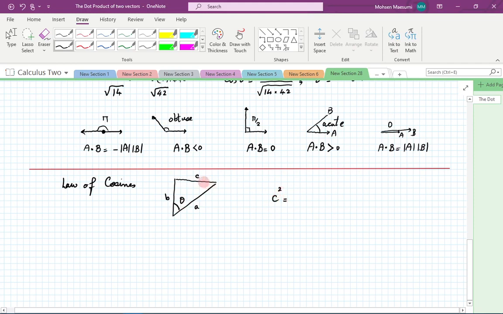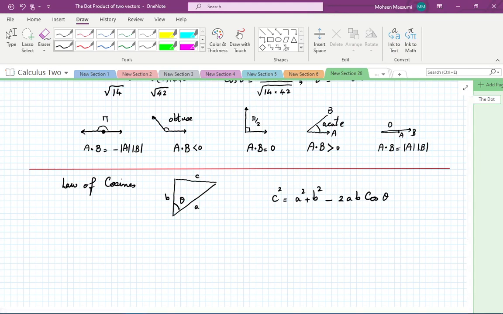Pythagorean says the third side squared is equal to A squared plus B squared. That is good if this angle is 90 degrees, but when the angle is not 90 degrees, there is a correction here, which is minus 2AB cosine of theta. So that's a formula from trigonometry, very easy to prove by making a couple of uses of the Pythagorean theorem itself.